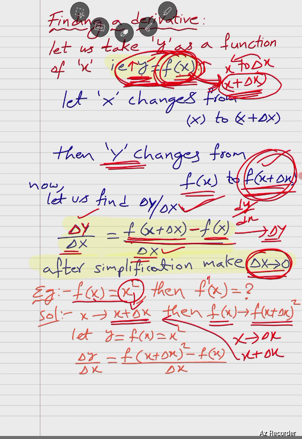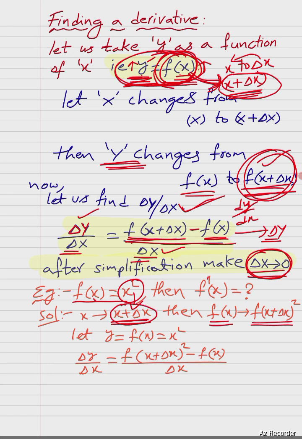Carefully observe what we are doing. Now we got the values. X changed to x plus delta x, then f of x changed to f of x plus delta x whole square, isn't it? Because the function is f of x equal to x square. Fine.